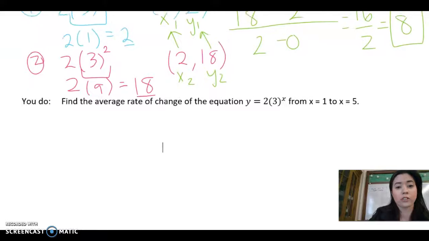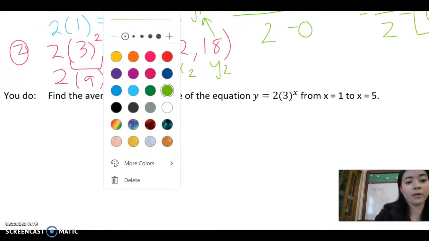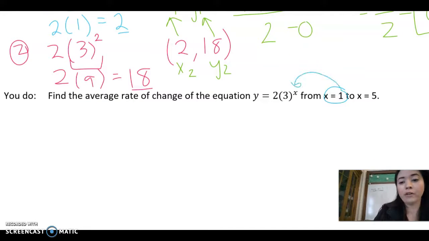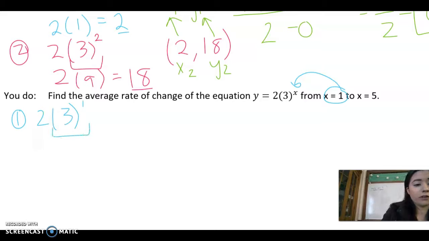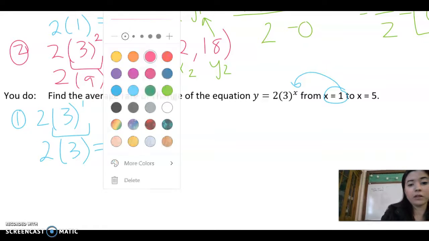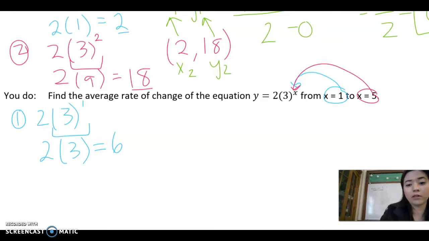All right. So just like above, I'm going to take turns. I'm going to plug in my 1 for x first. So we're going to do 2 times 3 to the 1st power. 3 to the 1st power is 3. 2 times 3 is 6. Then we're going to plug in 5. So we're going to do 2 times 3 to the 5th.